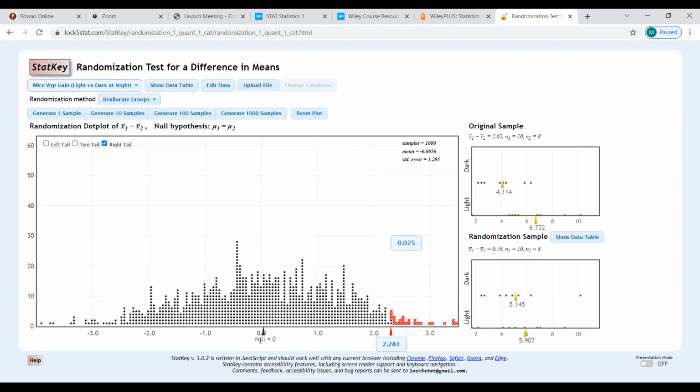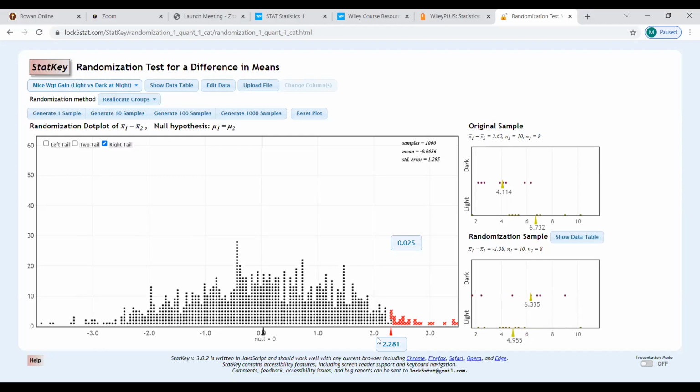Each of these dots represents a sample of how many mice? 18 mice, 10 in the light group and 8 in the dark group. But they all have different means. Now some of these numbers down here are negative. That means that for those samples of 18 mice, the dark group actually showed more weight gain than the light group.